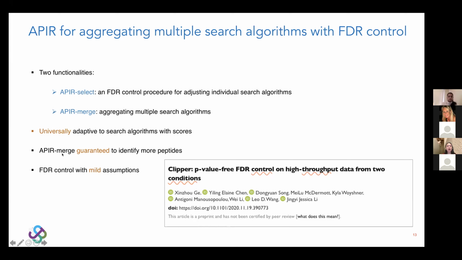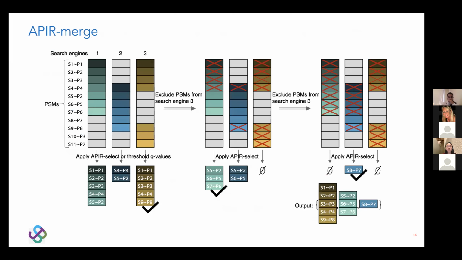APIR-merge is guaranteed to identify more peptides than the most powerful individual search engine. And we also have FDR control with very mild assumptions. So I will use this diagram to explain why APIR-merge is flexible and powerful.